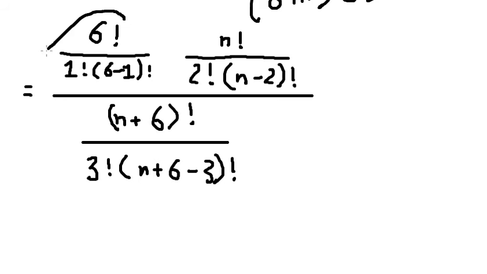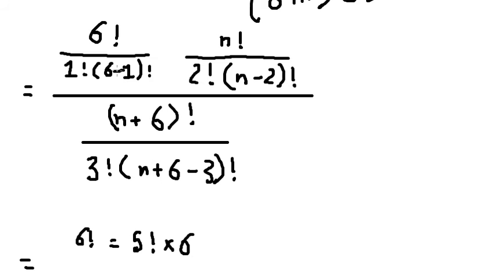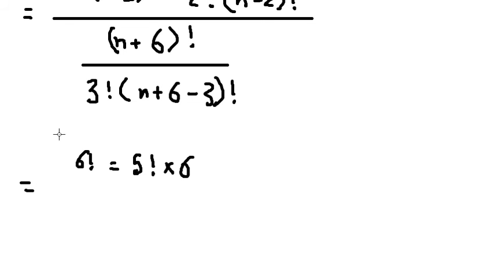So if we calculate this one, 6 minus 1 is 5 factorial. So 6 factorial is 5 factorial multiplied by 6. So 5 factorial simplifies with 5 factorial in here. We just have only 6.